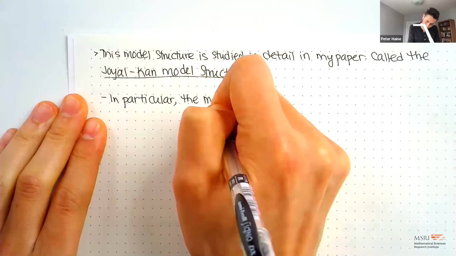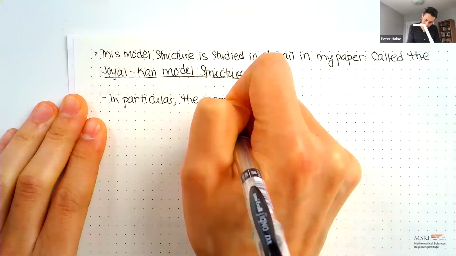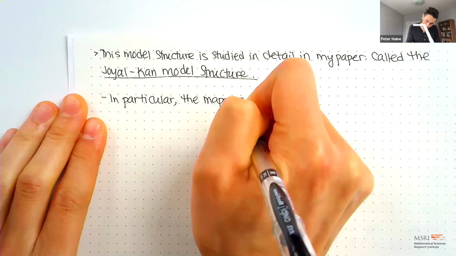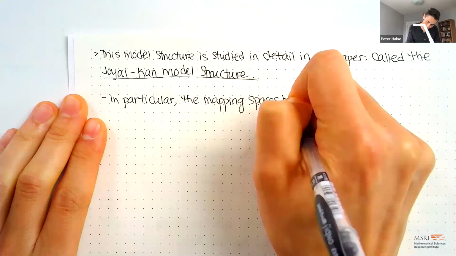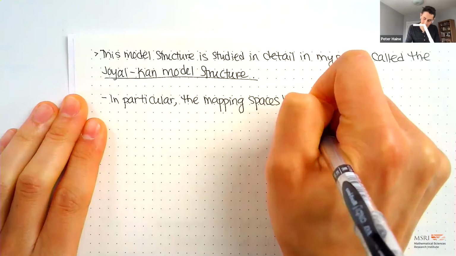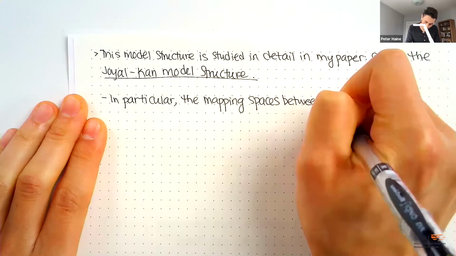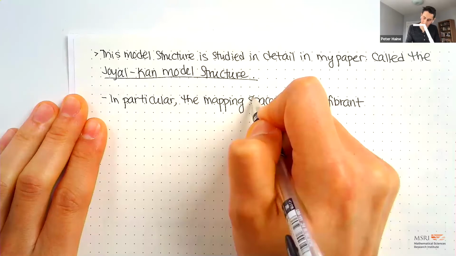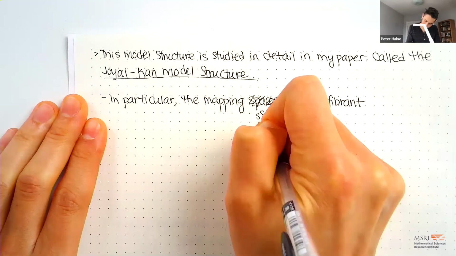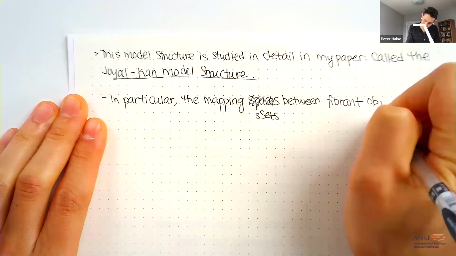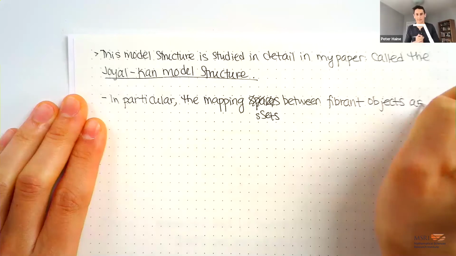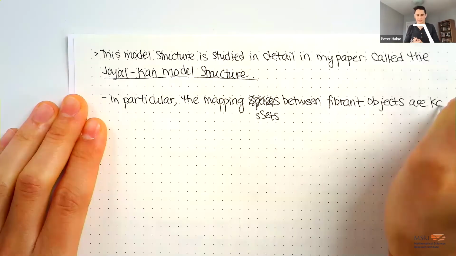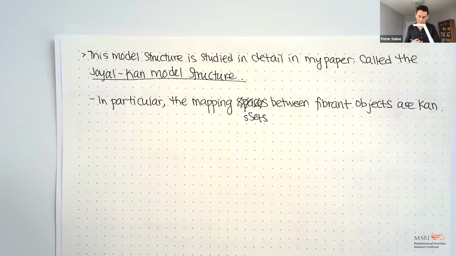So the mapping spaces, let me say mapping simplicial sets between fibrant objects, are Kan complexes in particular. So if this other justification wasn't compelling to you, you can read this and see why this is actually a simplicial model structure.